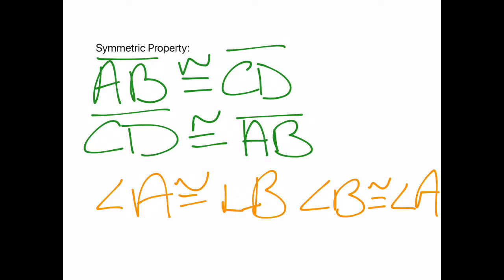And then our last one is the transitive property. And this one's definitely the longest version of that, so I'm going to type it out rather than draw it. All right, so what it says is that if AB is congruent to CD, so those two are the same, and that CD is congruent to EF, those two are the same, what it says is that once again, you can kind of cut out the middleman, the CDs there, and you can say that AB is congruent to EF.